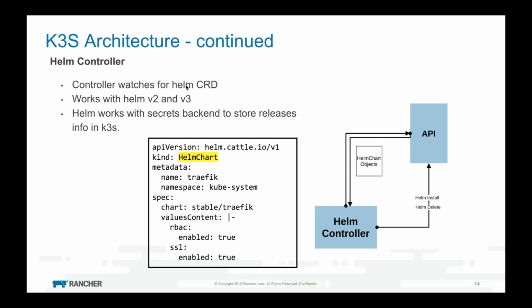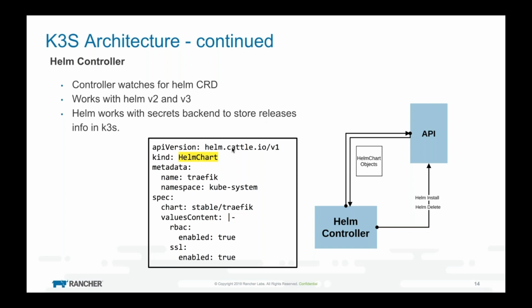Another controller is the Helm controller. So instead of installing Helm on your machine and just installing different releases, we made a controller that really simplifies the process of installing Helm charts, and not only that, keeping track and maintaining the Helm charts during the life cycle of the cluster.